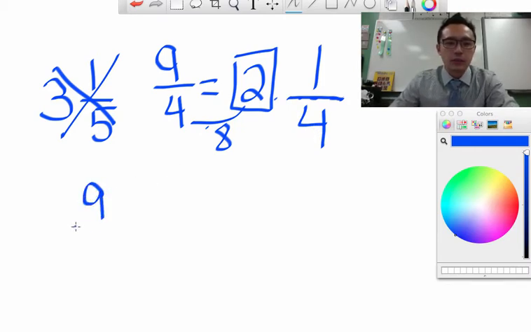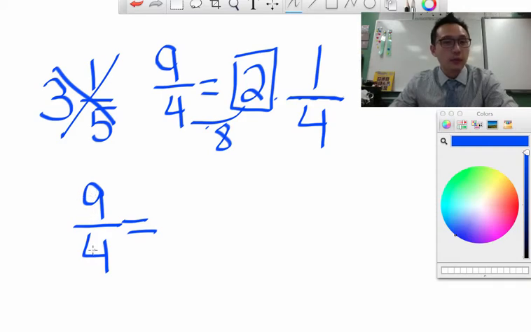So to change from a 9/4 improper fraction to a mixed number, again, you can see that 9 over 4 is just division. So think about what number multiplied by 4 will get you closest to the numerator. If I were to multiply by 1, you only get 4, so you're not really close to 9.